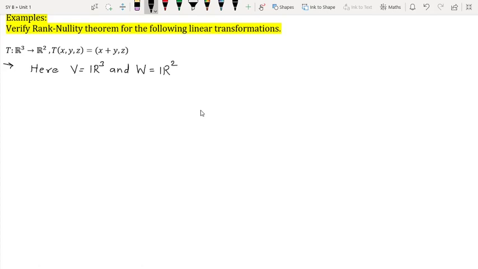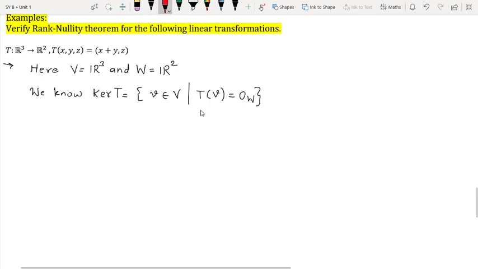And we know kernel of T is equal to the set of all small v belonging to V such that T of v is equal to 0 of W. The rest of the things you can do, it is exactly the same. So I will directly write down our kernel of T over here.